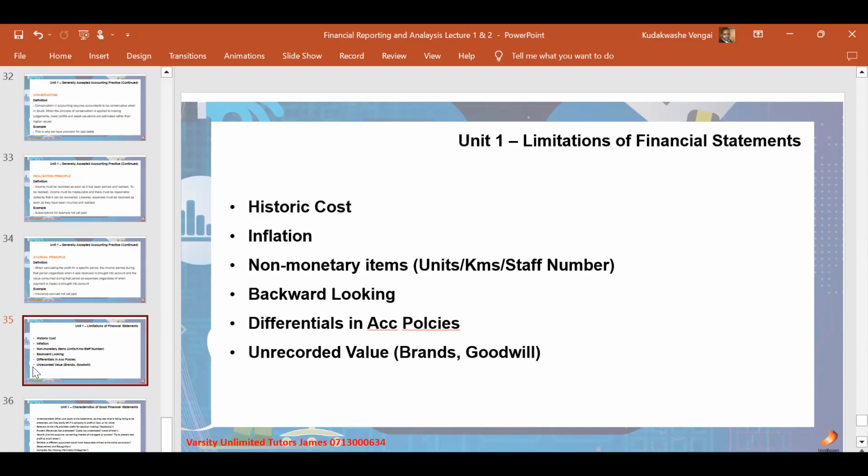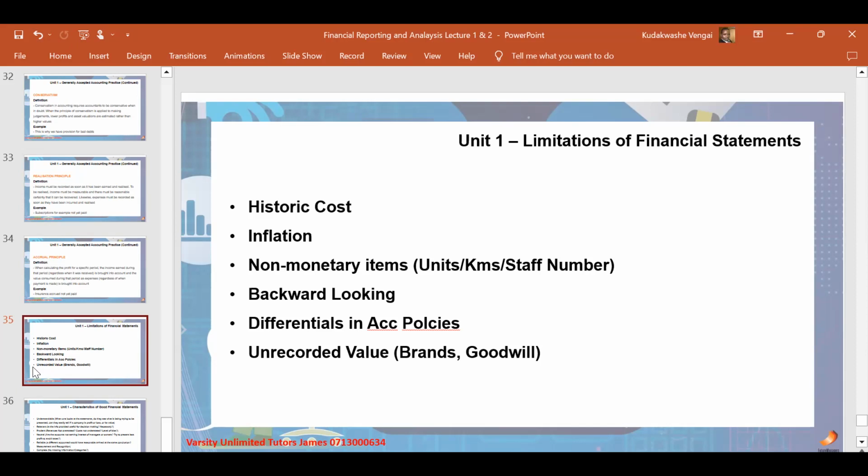Then lastly, there's what we call unrecorded value or intangible assets. Remember, I talked about intangible assets, assets that you cannot hold. Most of these assets that you cannot hold are usually not recorded. For example, if you look at Kingsley, which produces Coke in South Africa, versus Coca-Cola, you can say Kingsley has got these assets, Coca-Cola has got these assets.